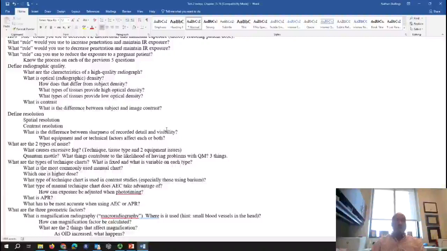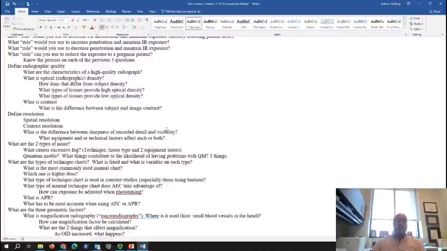So quantum mottle is the other, and quantum mottle is just because of a lack of photon interaction on the image receptor. So the things that might cause quantum mottle are things that would cause our overall time to be really short, or our overall mass to be really short. If we're imaging very small anatomy, then we could have a problem with quantum mottle.